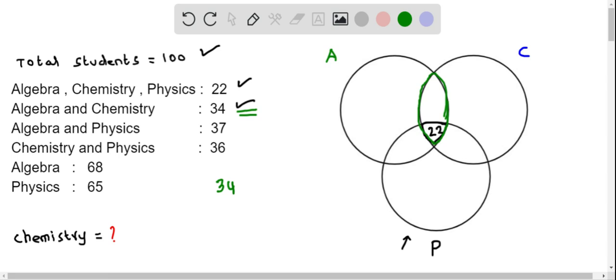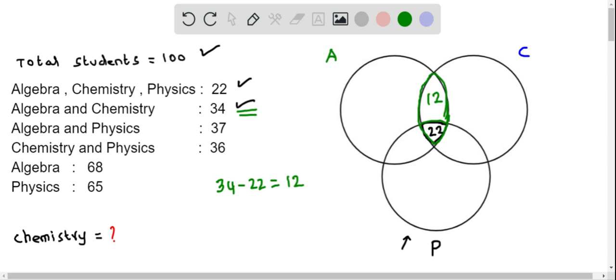So we do this, 34 minus 22, and this gives 12. So we put this 12 over here. So this is the region which represents those who have taken only algebra and chemistry. That is, when you add these two numbers, 12 plus 22, we get 34.